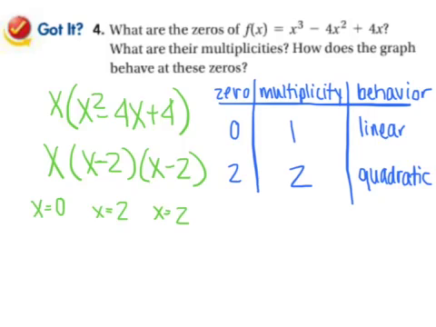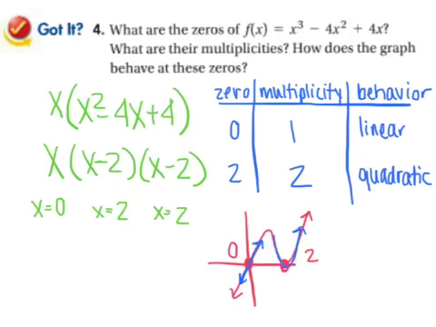If we would sketch this, you would get a graph that looks something like this, where we have the graph crossing at 0 and touching at 2. At 0, it acts as a linear function.